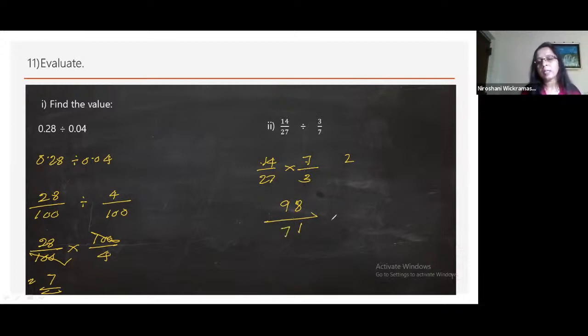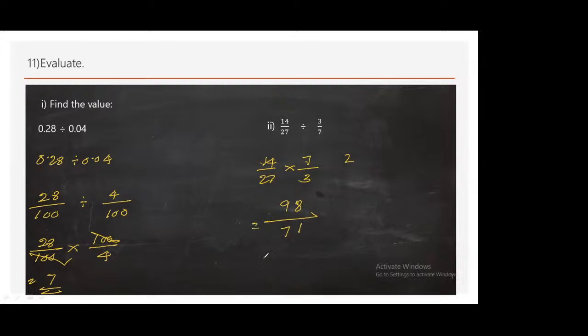Then 98 divided by 71. 98 subtract 71 is 27. 27 over 71, 1 and 27 over 71.